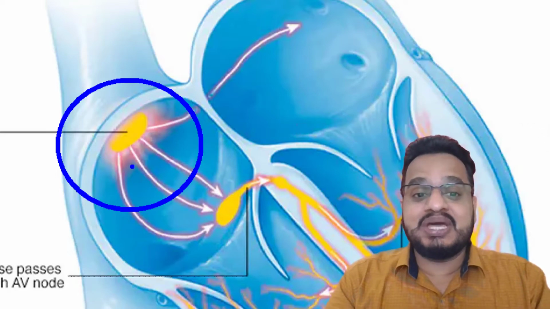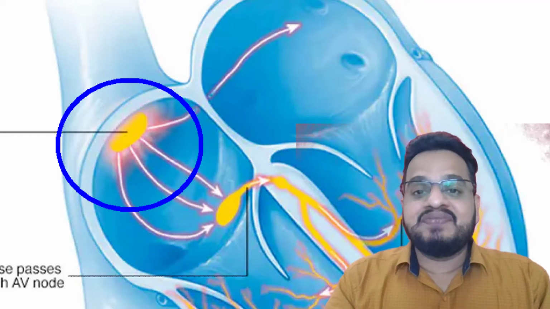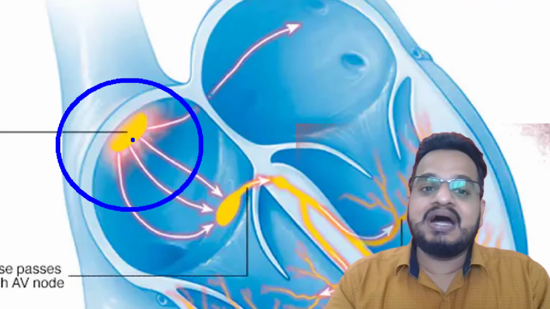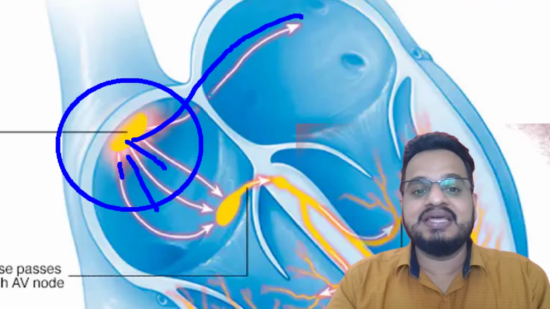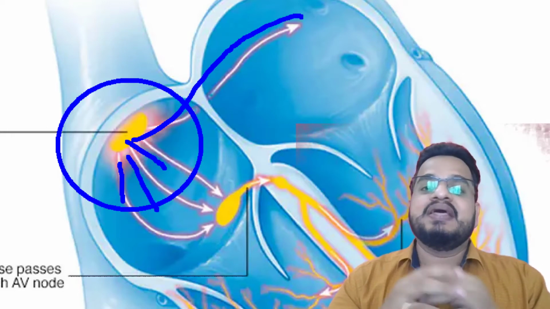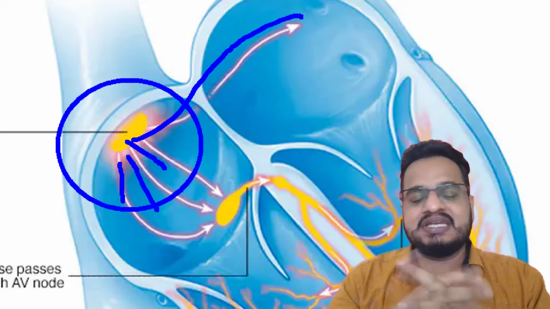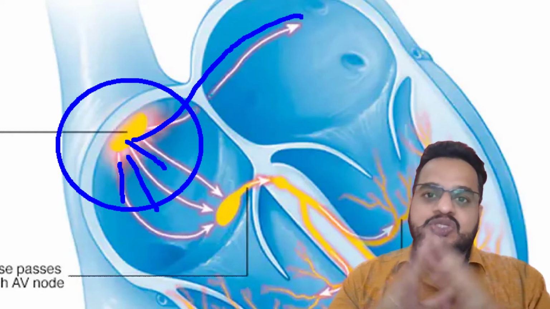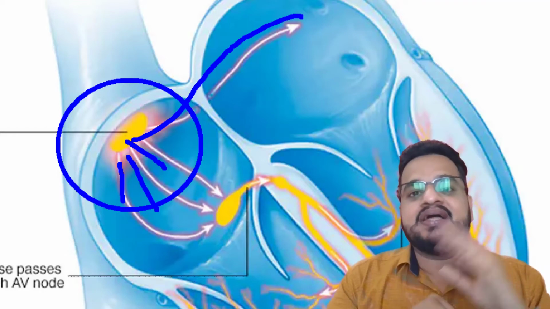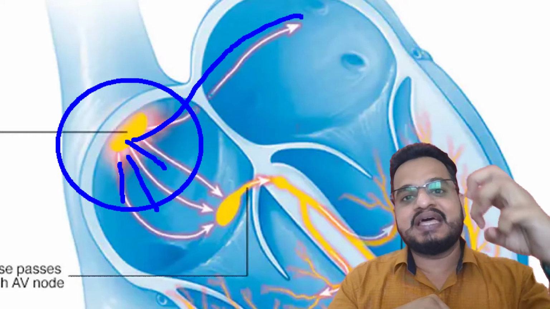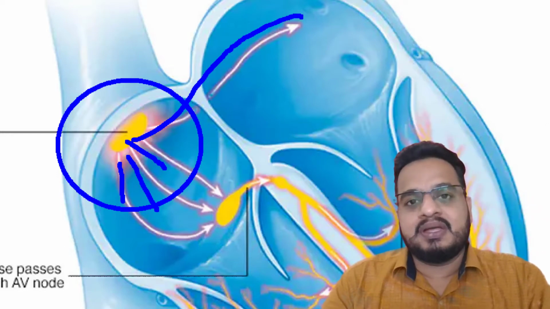These impulses pass on to the atria, both the atria. So there is a contraction of the atria because of depolarization and generation of the action potential, as you know. First, for the contraction of the atria, the SA node generates the impulses, and these impulses cause the contraction of the atria.